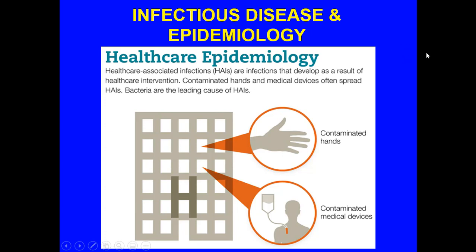And you got to keep in mind that when we talk about healthcare epidemiology, some of the simplest things, preventing contamination from contaminated hands or medical devices, that's key. Bacteria are the leading cause of healthcare-associated infections.